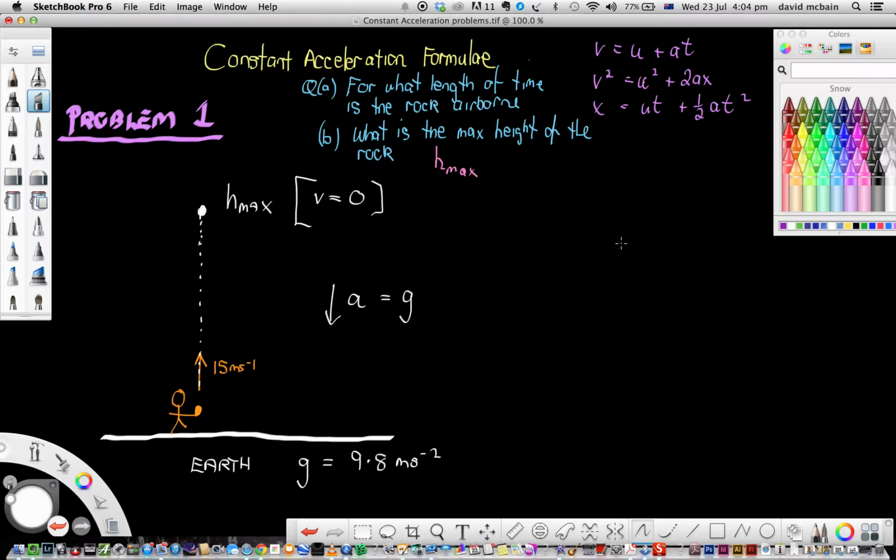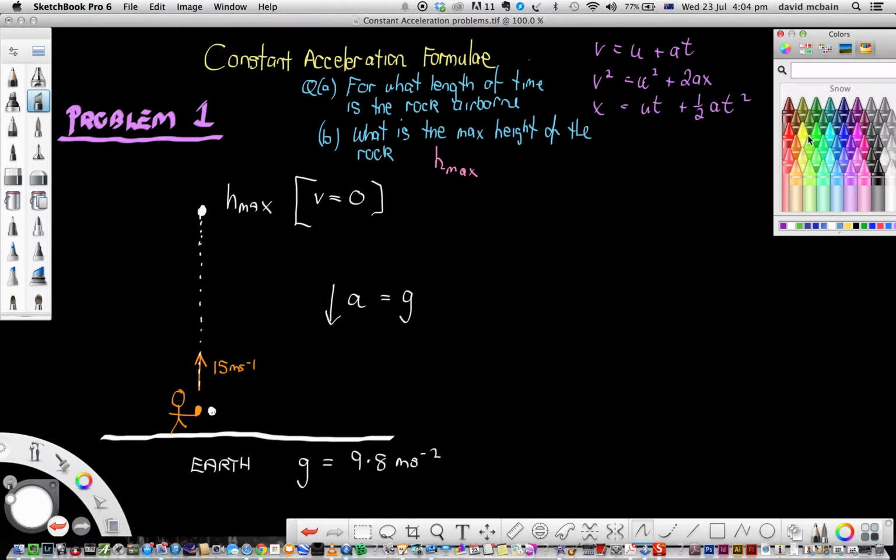Okay, welcome back. And now we're going to go through this problem. The first part of the problem was, what is the length of time that it's in the air for? So the ball has been launched, reaches the maximum height, and then comes back to the earth. So the ball is now returned to this position. So what do we know about it?